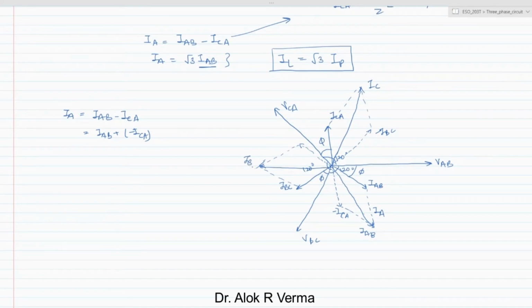Okay, so these are the phase and line current relationship where we can find out the values.